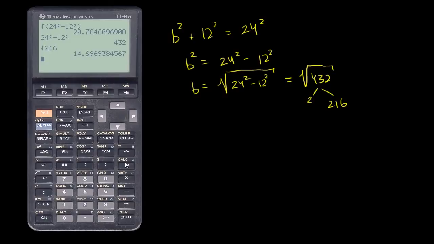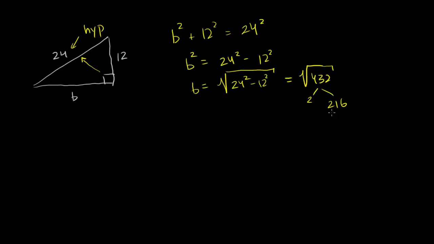Nope, not a perfect square. So 216, let's just keep going. 216 is 2 times 108. 108 is, we could say, 4 times 27, which is 9 times 3.